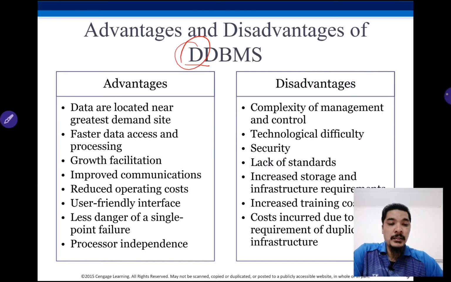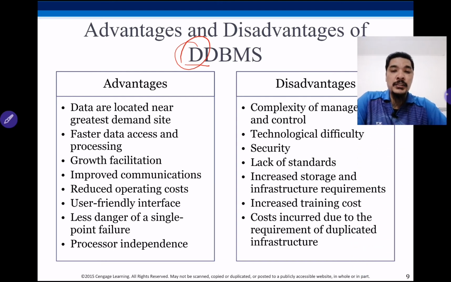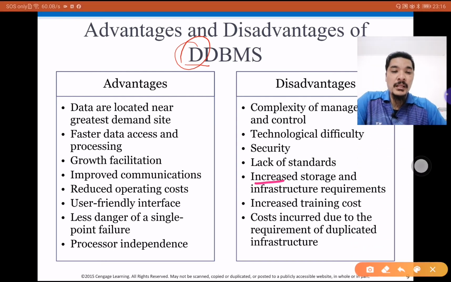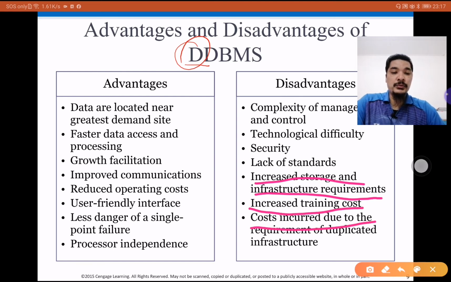Okay. The next one is increased storage and also infrastructure requirement. Of course, kalau kata kita nak kena put a server, kita kena simpan, kita kena manage the place, tempat dan sebagainya. This is all involve infrastructure and also training cost. And the next one, cost incurred due to the requirement of duplicated infrastructure.